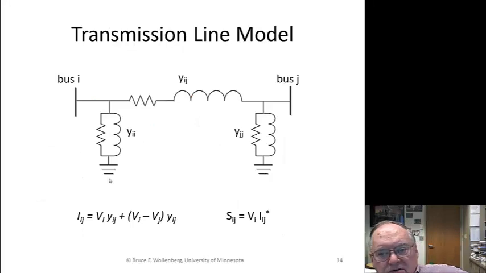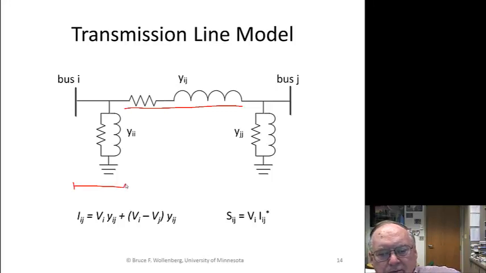The transmission line model that we use consists of a resistance and an inductance in series. Again, these are per unit quantities. Here you can have the YII be a conductance and an inductor to ground.